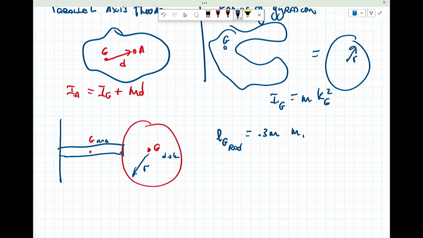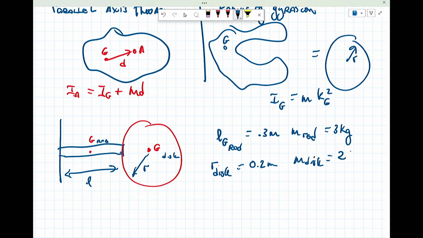Mass of the rod equals 3 kilos. The radius of the disk is equal to 0.2 meters, and mass of the disk is equal to 2 kilograms.